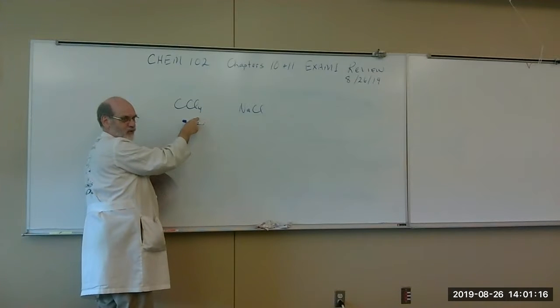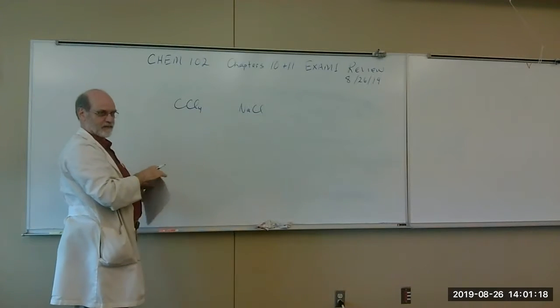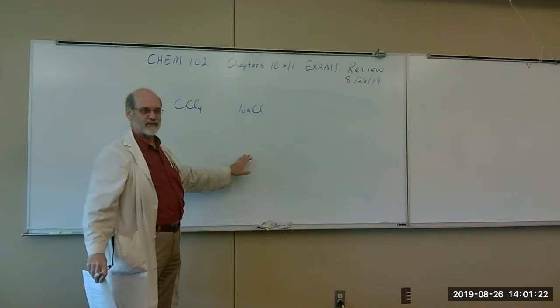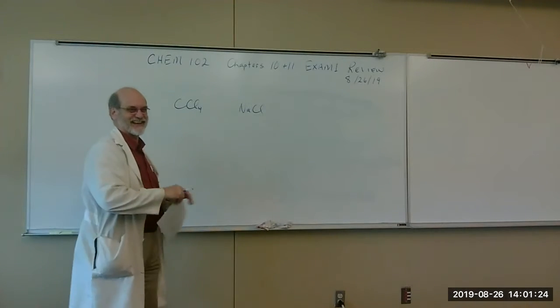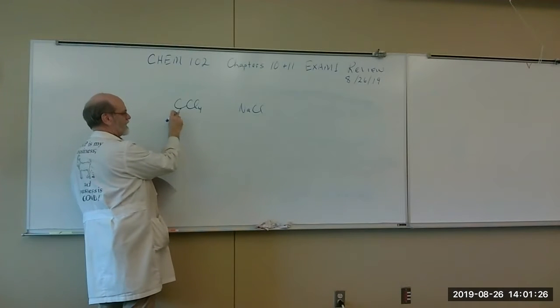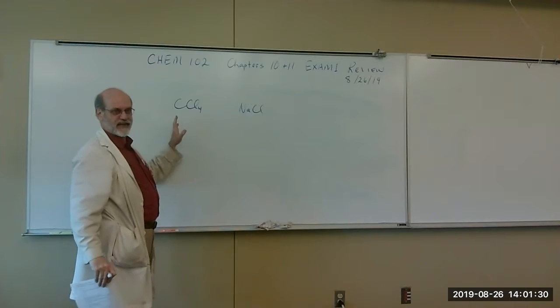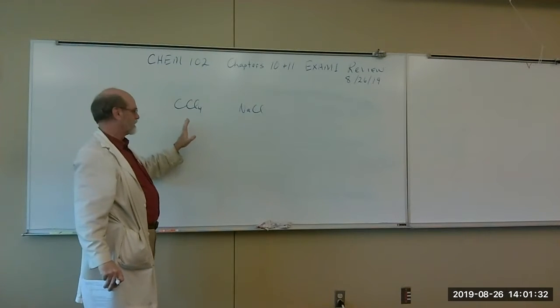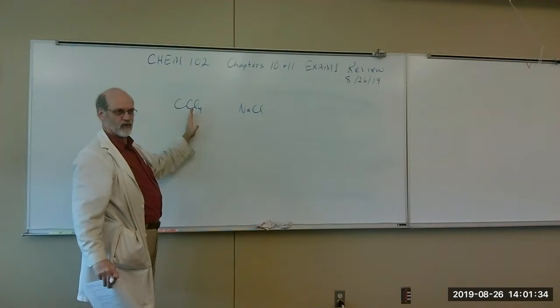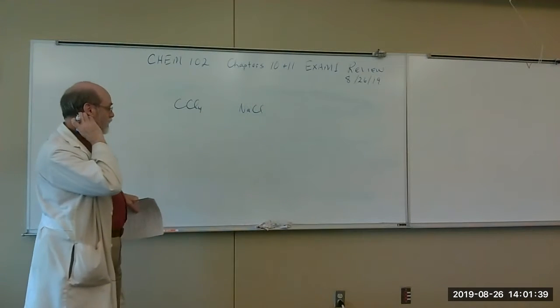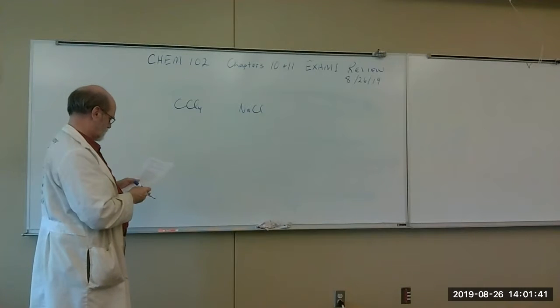Carbon tetrachloride. Okay. You've already forgotten type 1, type 2, and type 3 naming convention, right? Two nonmetals together. You just name them and say how many there are. So carbon tetrachloride.